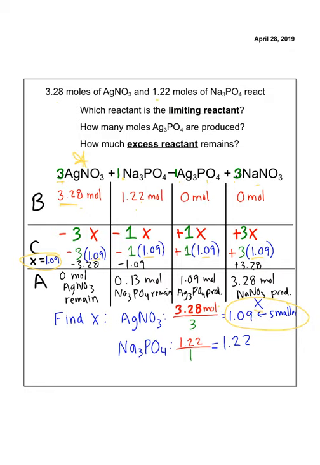So what's our limiting reactant? AgNO3. How many moles of Ag3PO4 produced? Right here, 1.09. And how much excess remains? Well, Na3PO4 is my excess. How much is left over? We have 0.13 moles remaining after this reaction happens.